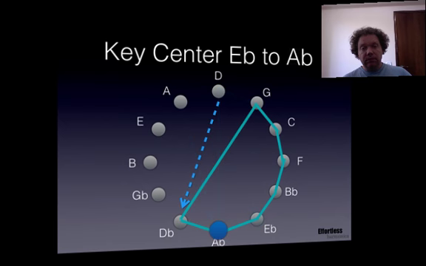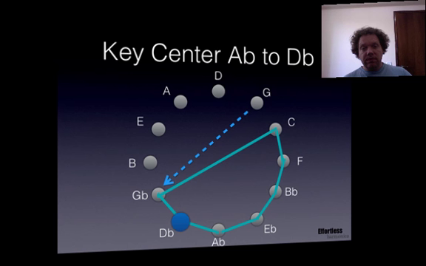Again, D becomes D flat, a half step down, and we go a fourth up again, and we modulate from A flat to D flat, and now G became G flat.